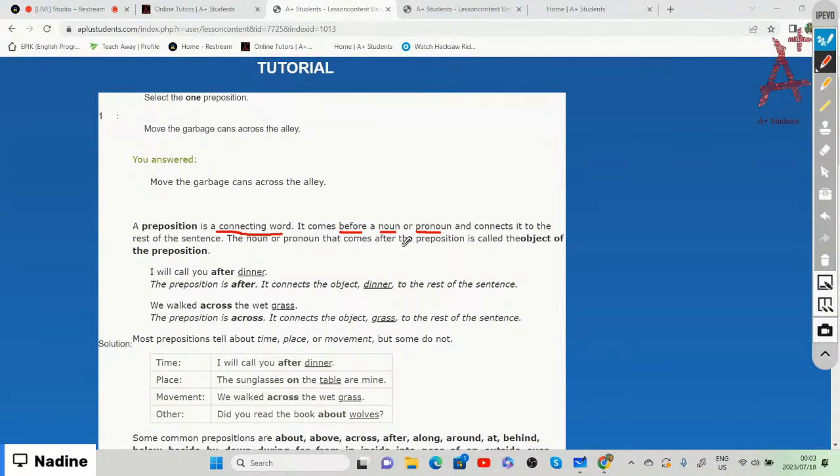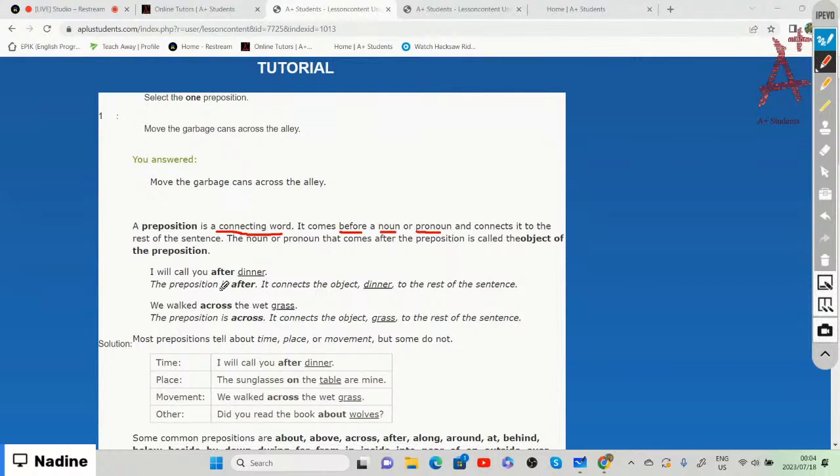A preposition is a connecting word that comes before a noun or pronoun, and it connects it to the rest of the sentence.